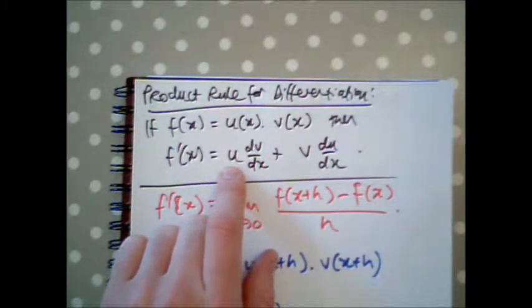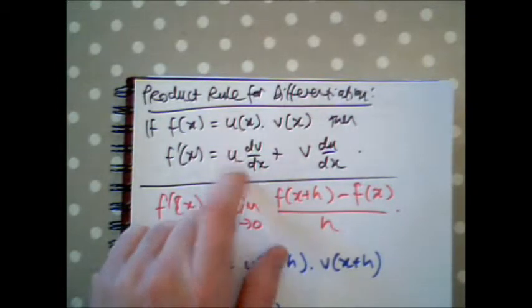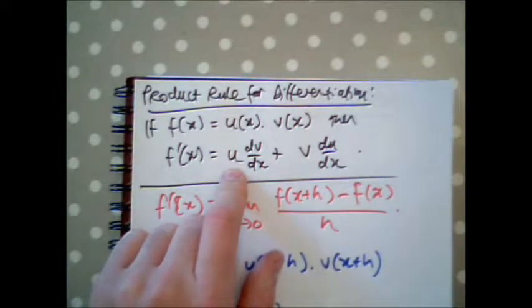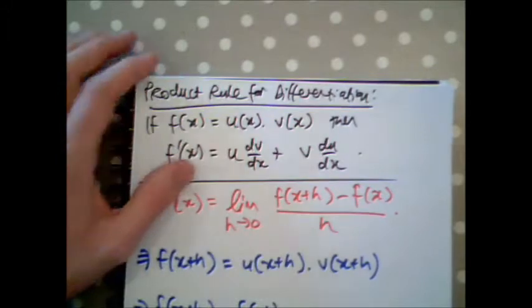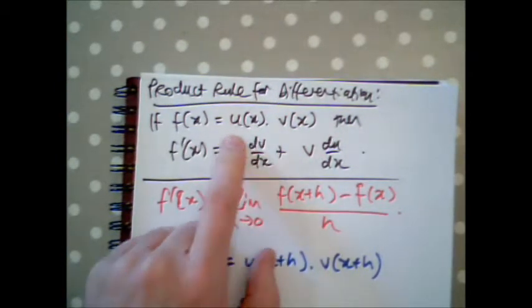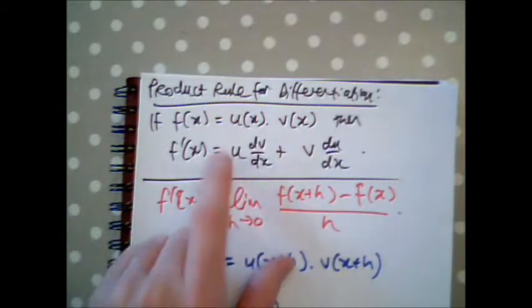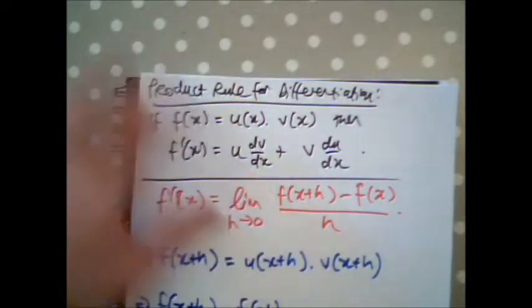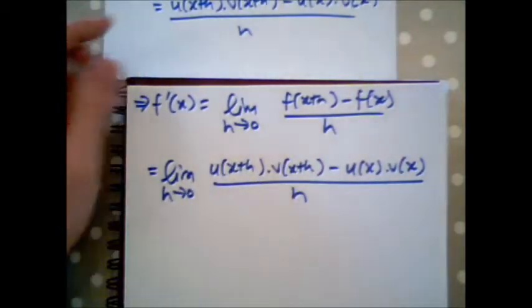I could have written u bracket x if I wanted. They're the same thing. This is just a shorter way of writing u of x. They're the same function. So if that's x squared plus 3, that's x squared plus 3. Okay, so back to here.